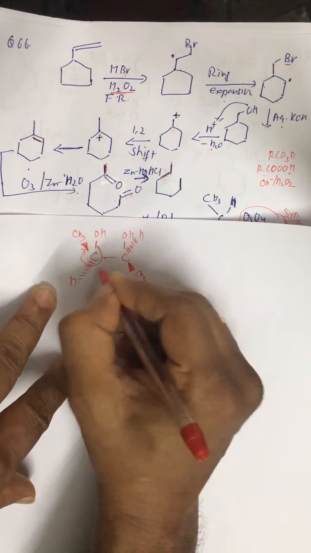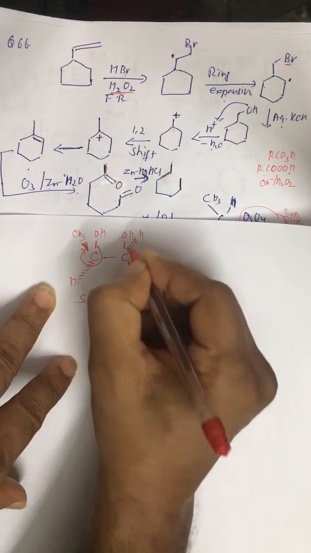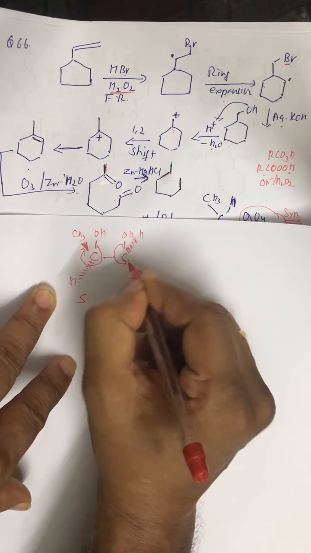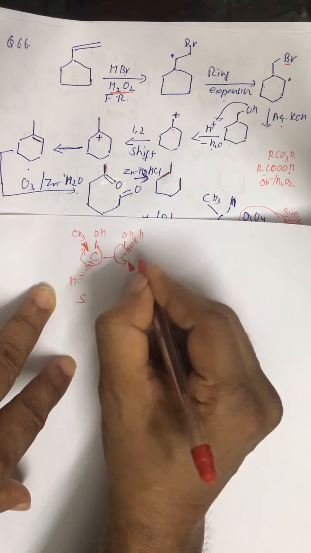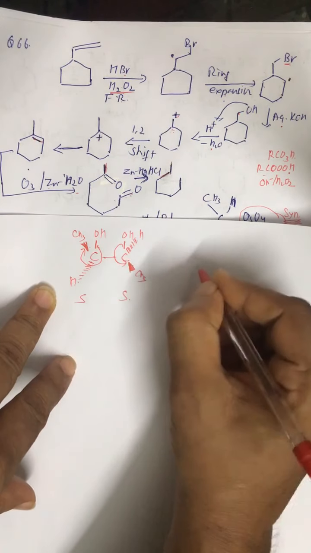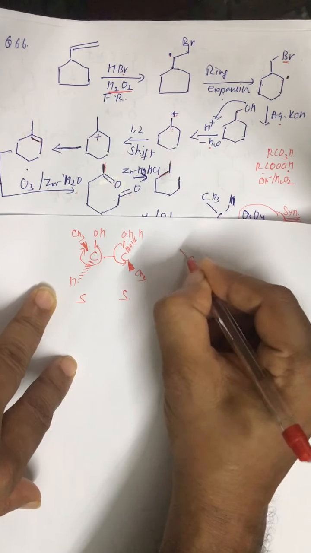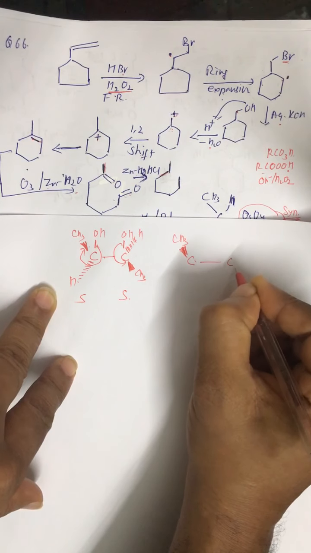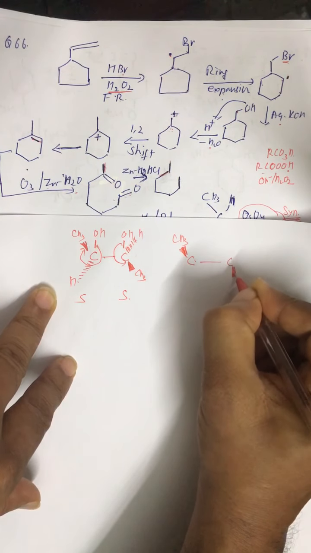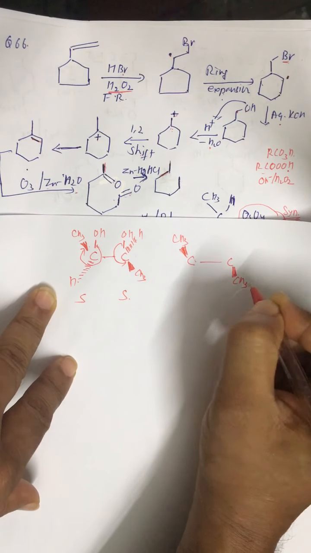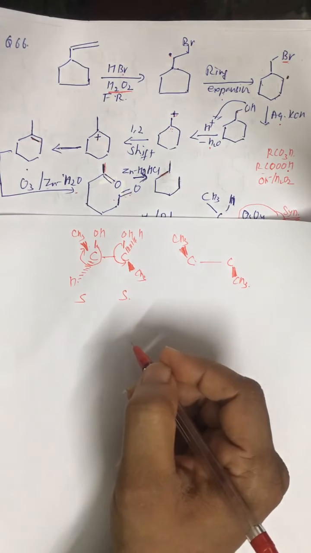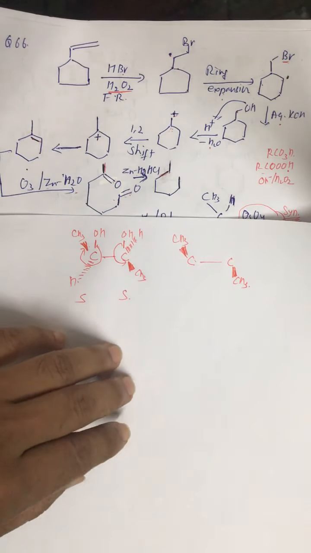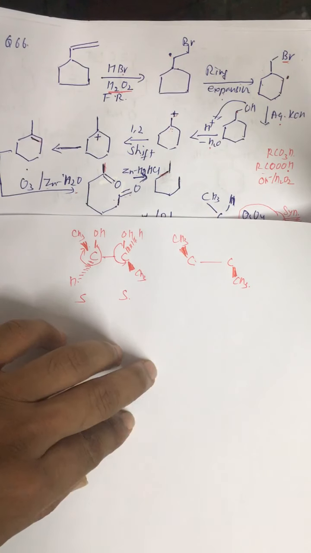This is S. This is 1, 2, 3. This is also S. Now look at the second structure. This is CH3 and CH3. I made a mistake. I'll show you after this.